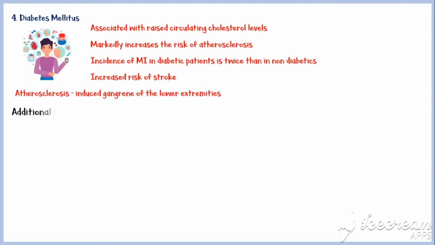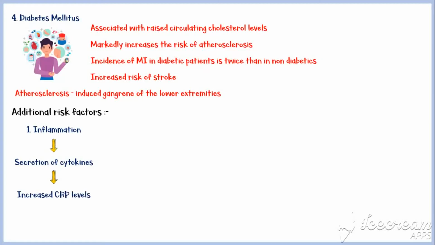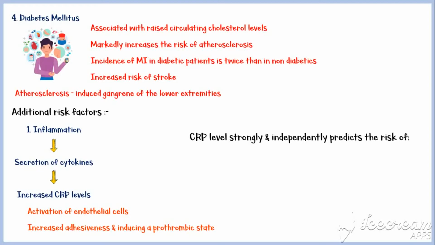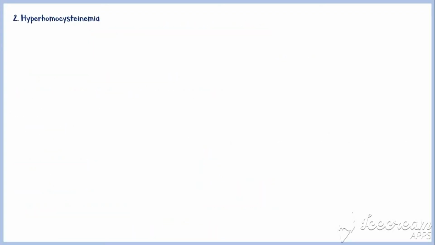Additional risk factors include inflammation, where there is increased secretion of cytokines, leading to increased levels of C-reactive protein, which ultimately causes activation of endothelial cells, increased adhesiveness, and inducing a prothrombotic state. C-reactive protein level strongly and independently predicts the risk of myocardial infarction, stroke, peripheral arterial disease, and sudden cardiac death. Hyperhomocysteinemia is another one.